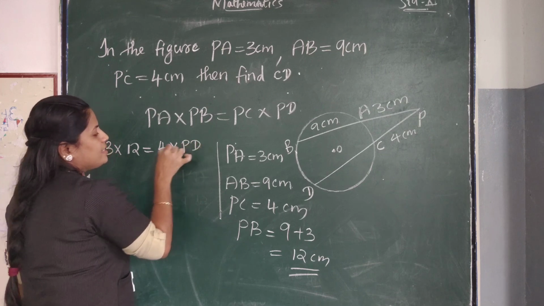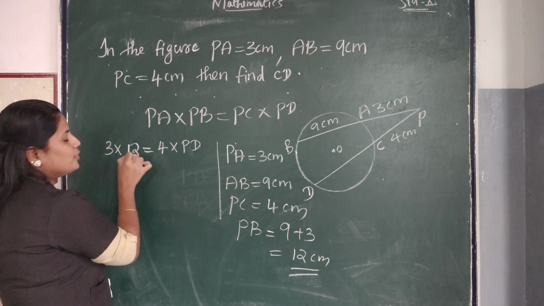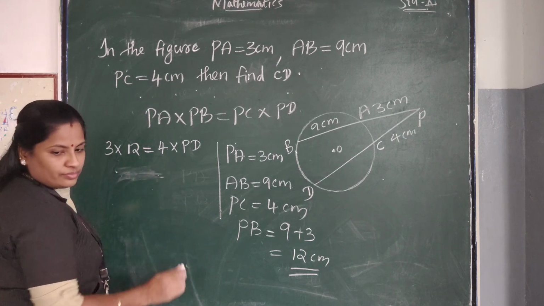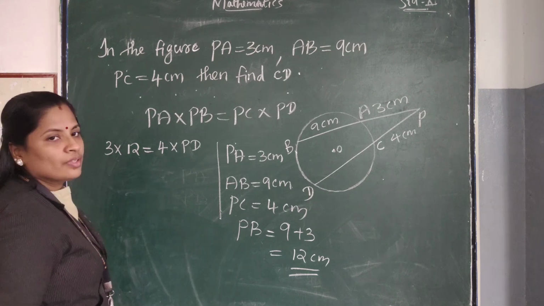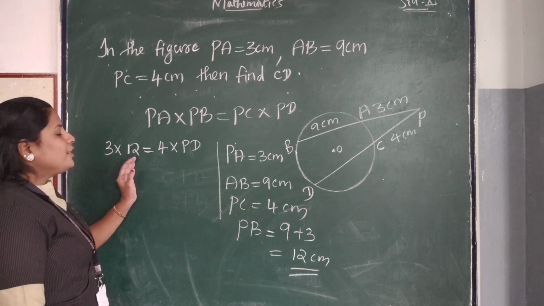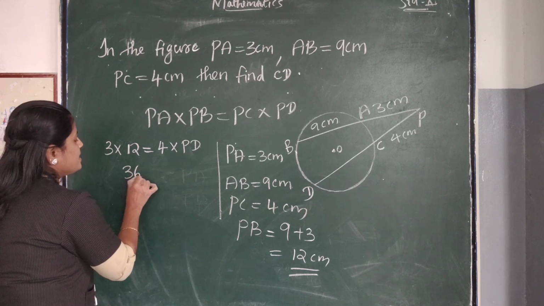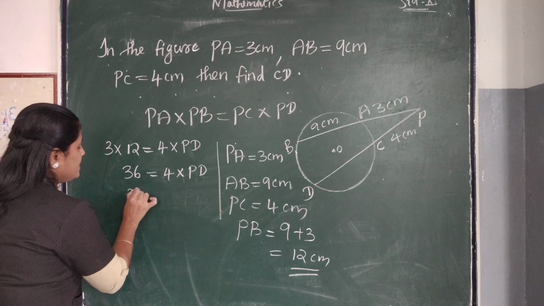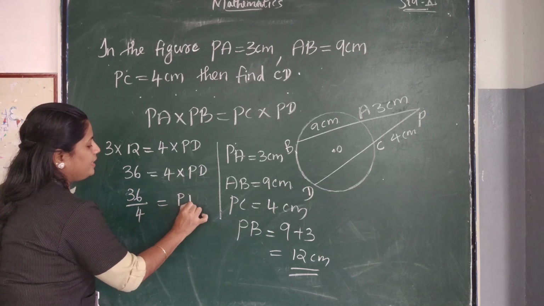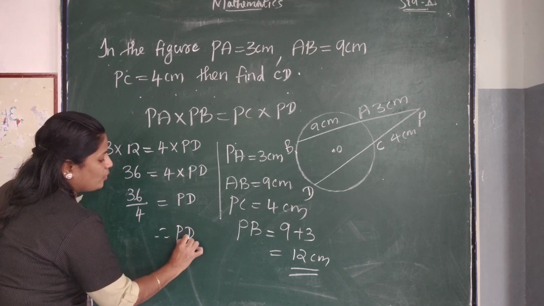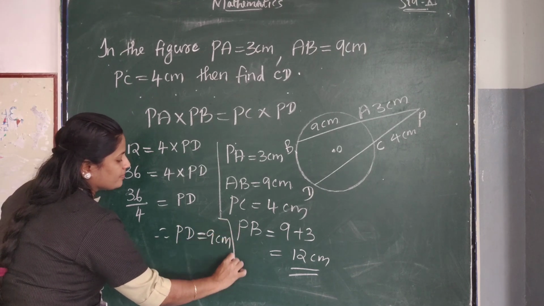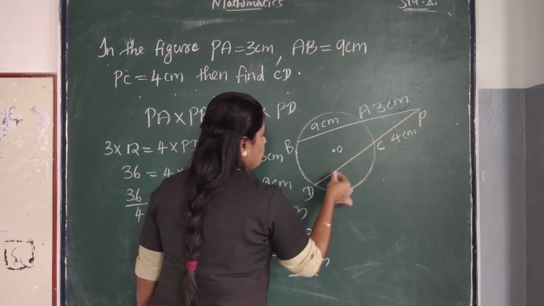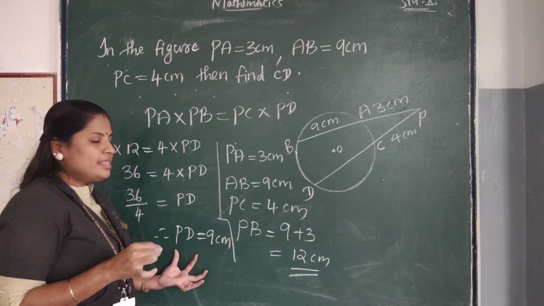We have to find PD. 3 twelves are 36. So 3 into 12, that is 36, equal to 4 into PD. So 36 by 4 equal to PD. Therefore, PD equal to 9 cm. That is P to D is 9 cm.